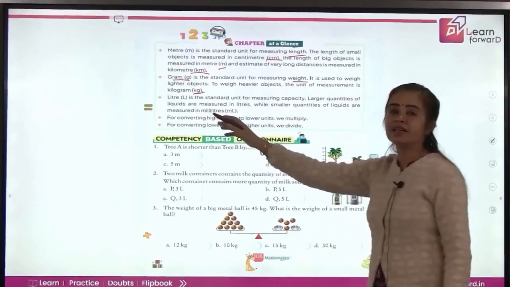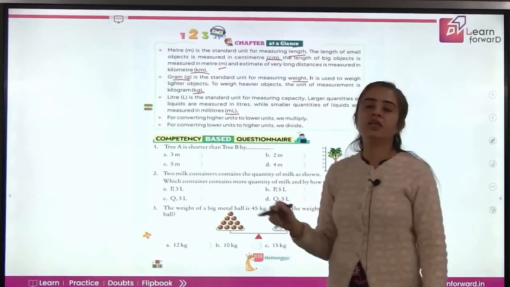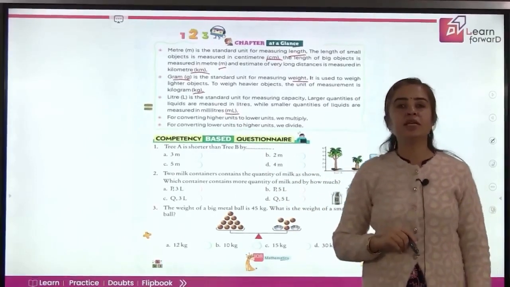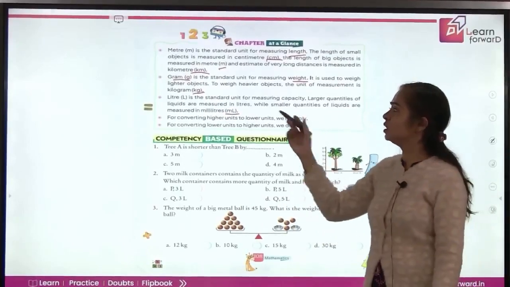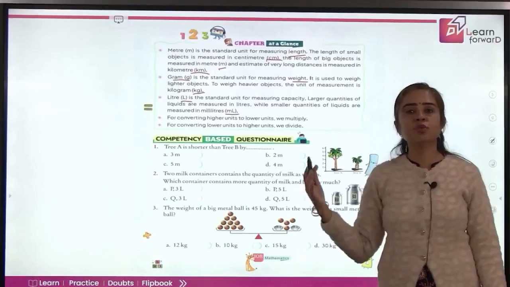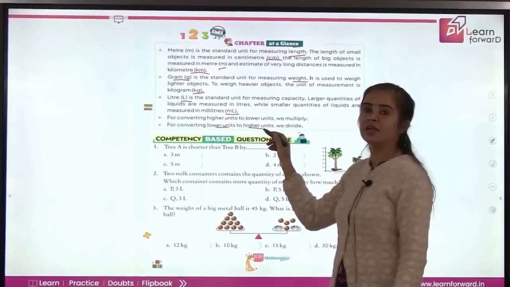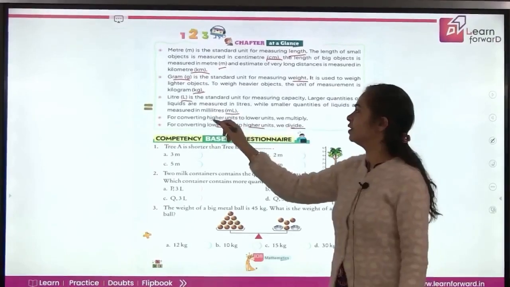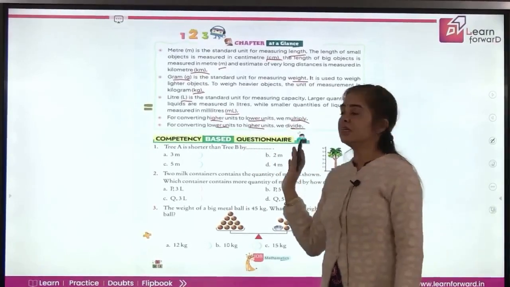Liter is for measuring liquids. The smaller liquid quantities are measured in milliliters. The bigger ones are measured in liters. Now for converting higher units into smaller ones, we multiply, and for converting lower units to higher units, we divide. Higher to lower is multiplication, because we are increasing the value.